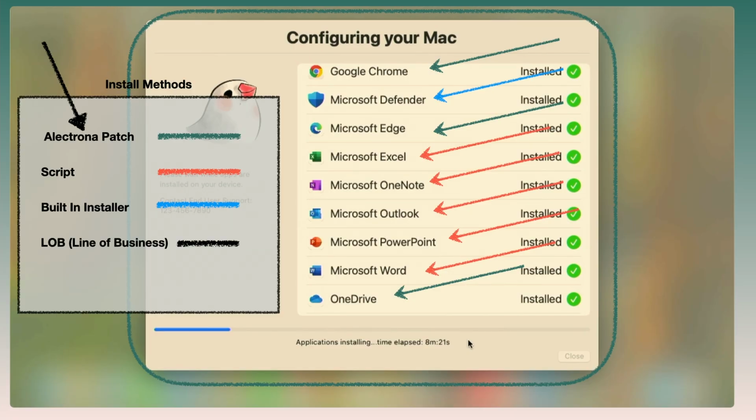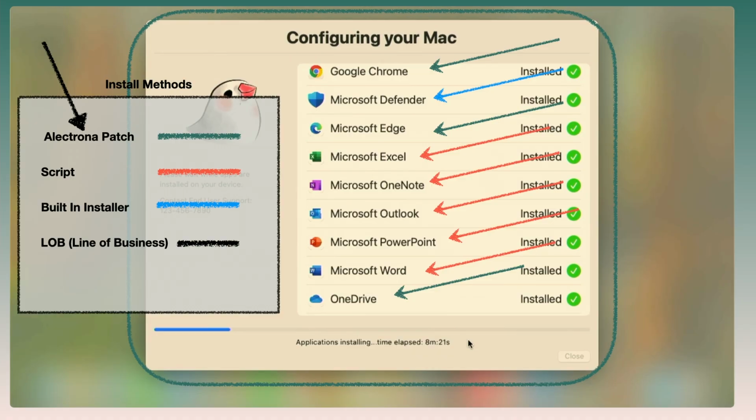Those packages are installed through MDM commands, and they require the package to be signed and notarized. We are using LOB apps to install Patch itself and also Admin By Request. You can also use unmanaged packages, which are installed through the MDM agent.